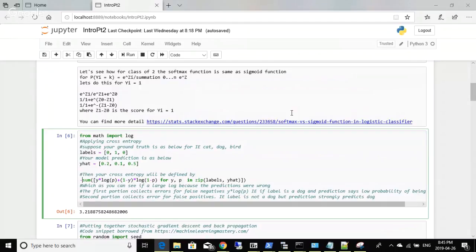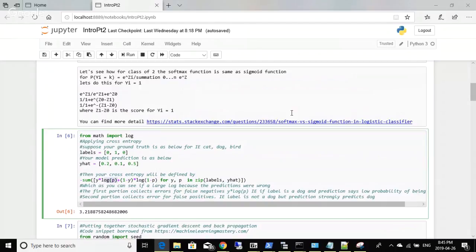So your cross entropy will be defined as, for the label y and your predictions y hat, each one of them will have two parts. One part is 1 minus the label times log of 1 minus p, which is your prediction.